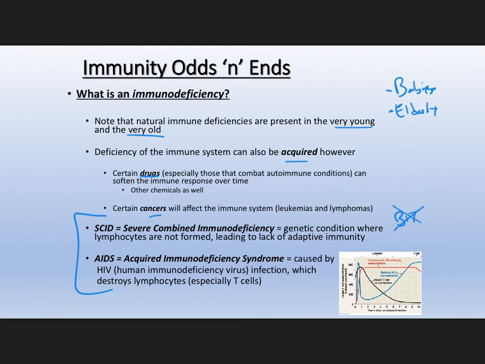And then we've all heard of AIDS, I'm sure, or acquired immunodeficiency syndrome, which is caused by a virus, right? The human immunodeficiency virus, which you see here on the black line, over time, HIV viruses will cause the T cell numbers in a person's body to go way down while the HIV concentration goes up, and this obviously can be a deadly combination.